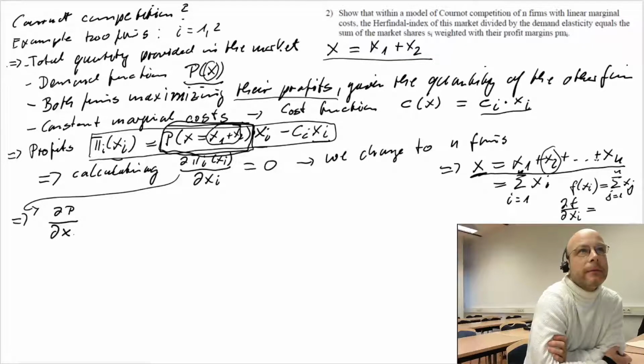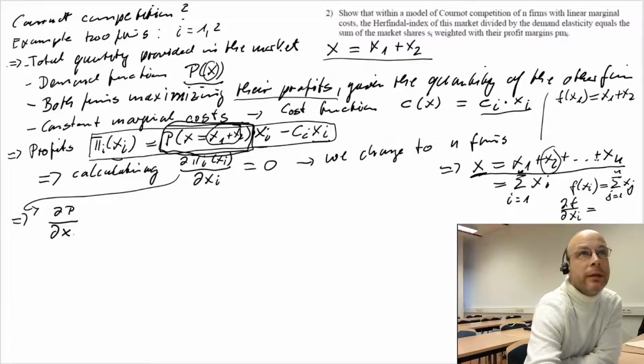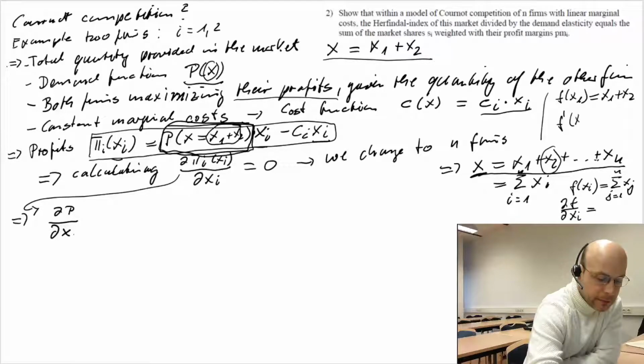What do you obtain then? So let's say f of x1 is x1 plus x2. Coming back to the example with two firms, then what is f prime of x1?